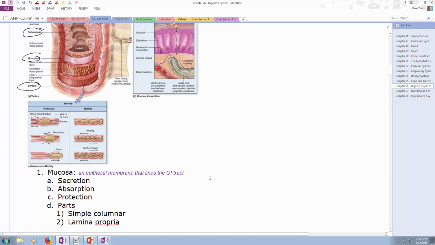As far as motility, after we have actually voluntarily swallowed, the peristalsis is showing you that if we want something to move down the digestive tract, this is moving in this direction. We want to pinch behind it, right back here, and we want to relax in front of it in order to make it move down that tube.